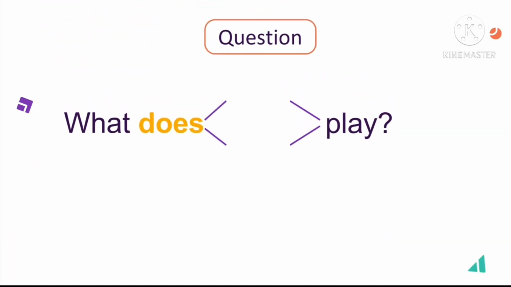And the question will be, what does he play? You see the difference from the one from before is this word here. What does he play? Instead of what do he play? So if the subject is he, we add an es in here.